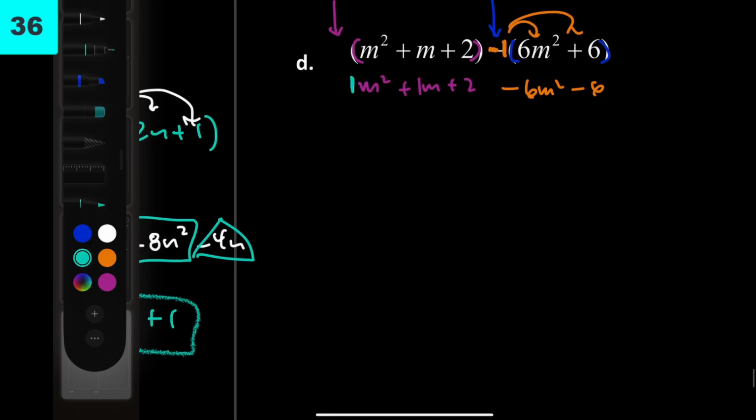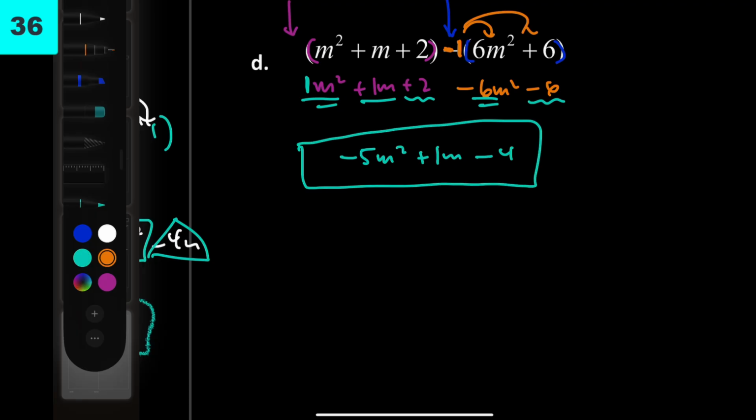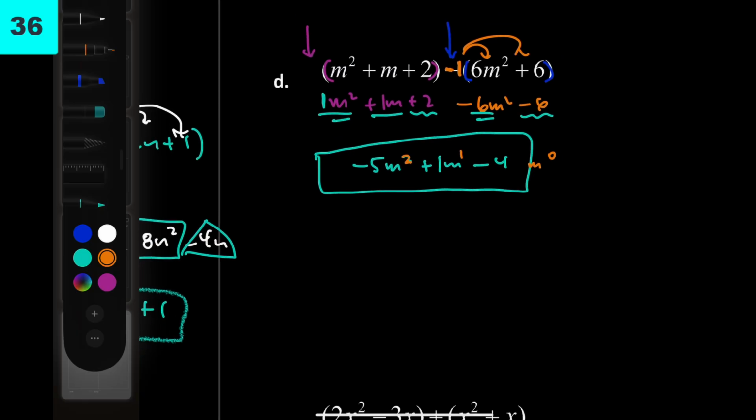So I have a 1m squared. 1 minus 6 is going to be negative 5m squared. This one has nothing. And this one will become a negative 4. Notice that's in descending order. That just means that you're going by the exponents there. 2, 1, and essentially that is m to the 0 power.